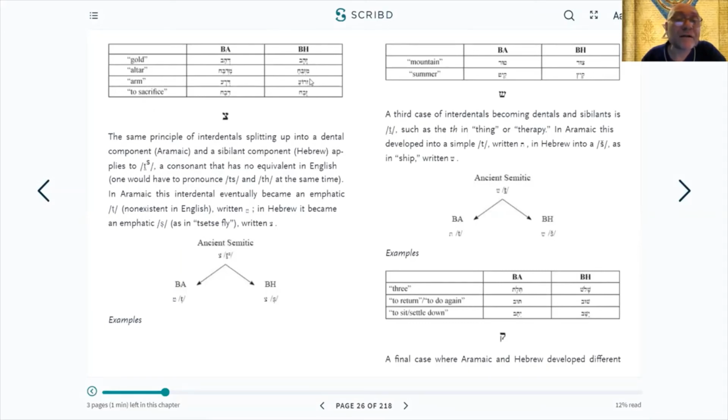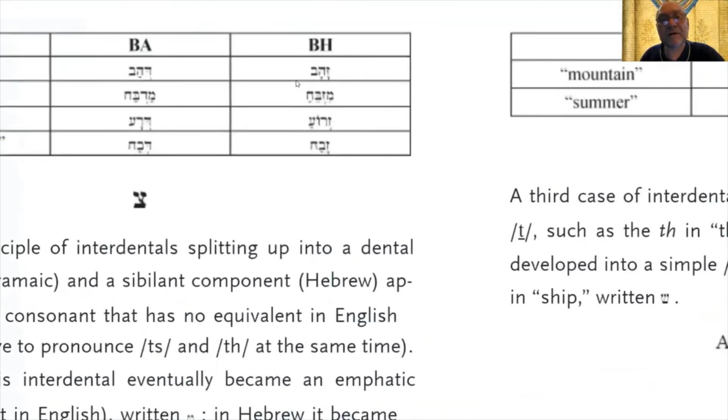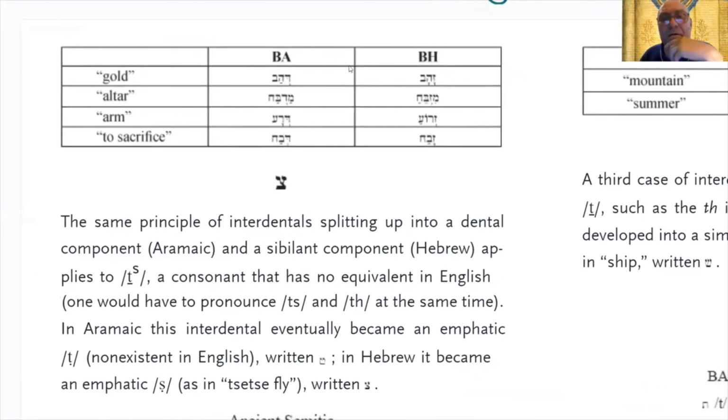Altar has Mizbeach, and then altar in Biblical Aramaic is Midbach. There's no arm is, so Zroa, and arm is Dara. In other words, the Z changes to a D sound.